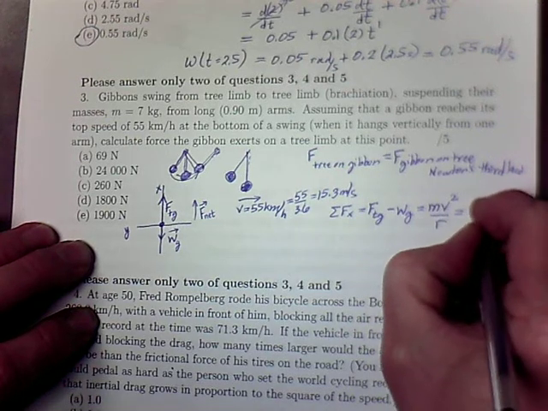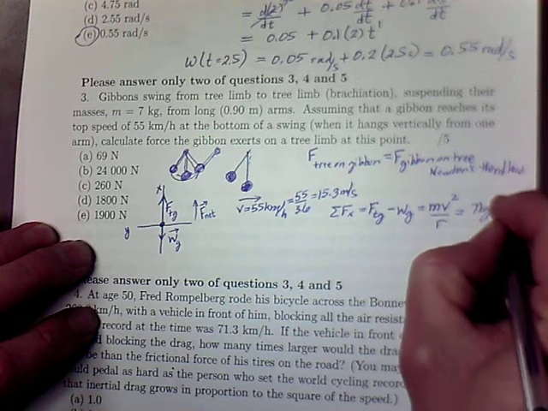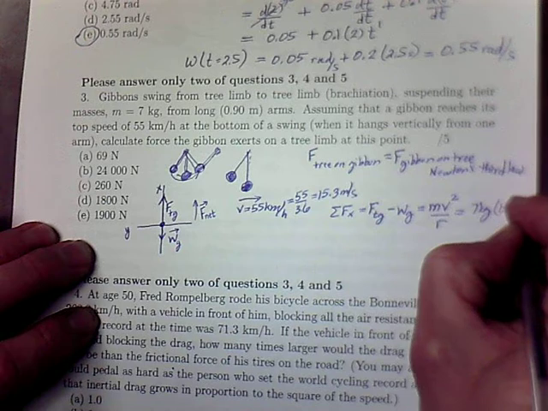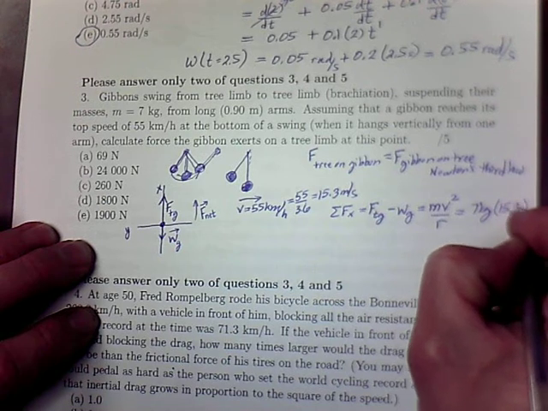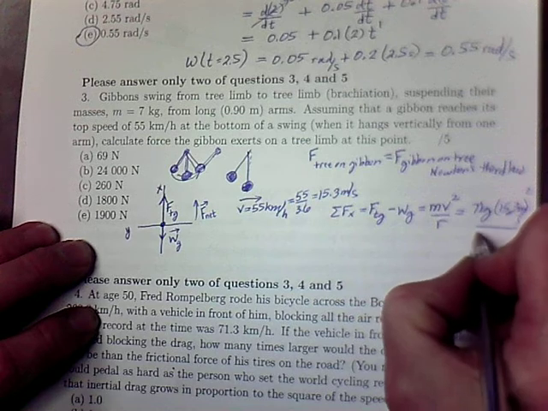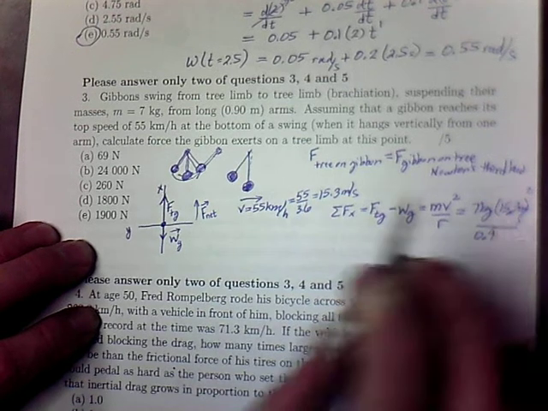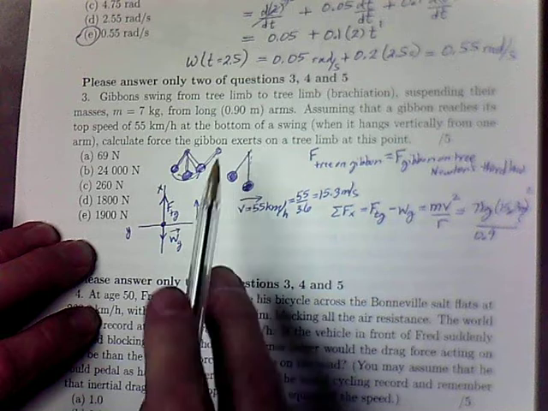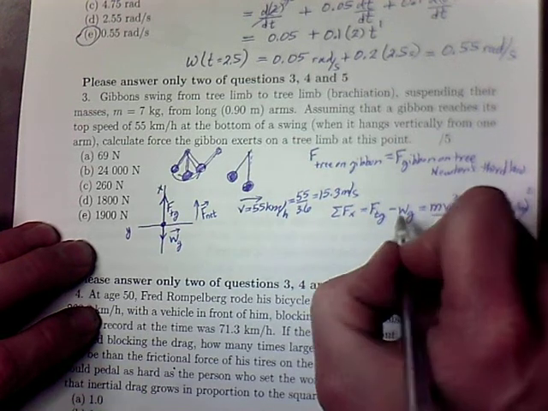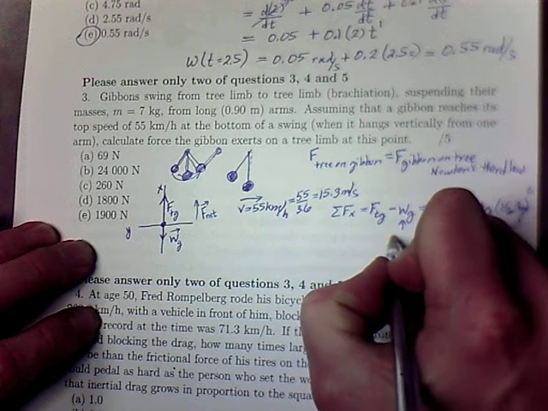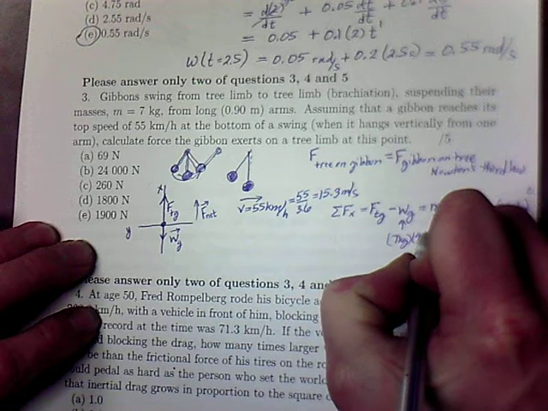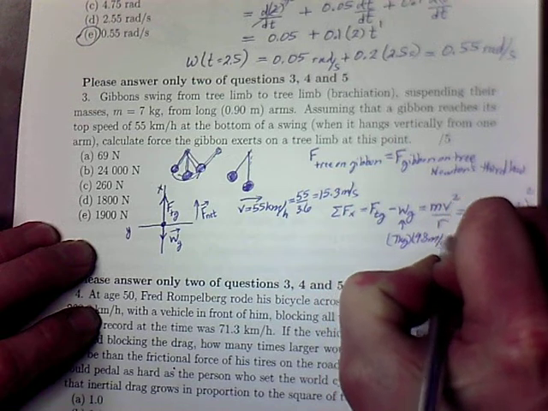So this is 7 kilograms. The speed of the gibbon is 15.3 meters per second. And the radius of the gibbon's arm, so we're assuming our gibbon is point-like except for their long arm, is equal to 0.9. The weight of the gibbon is 7 kilograms times 9.8 meters per second squared.